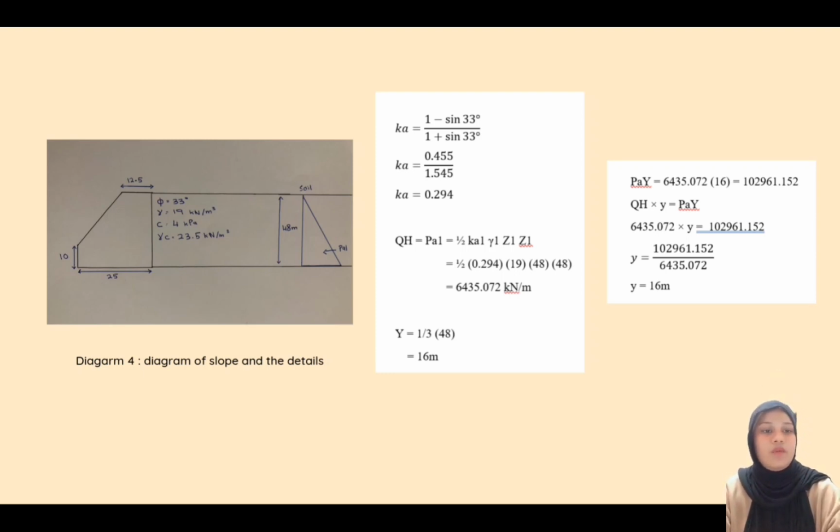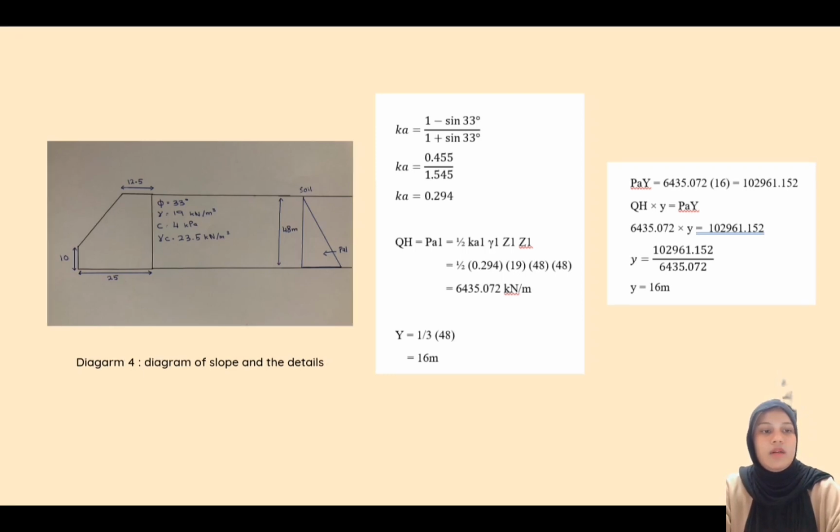So firstly we have to calculate the Ka, which is using formula 1 minus sin 33 over 1 plus sin 33, and then we calculate, then we got Ka equal to 0.294.